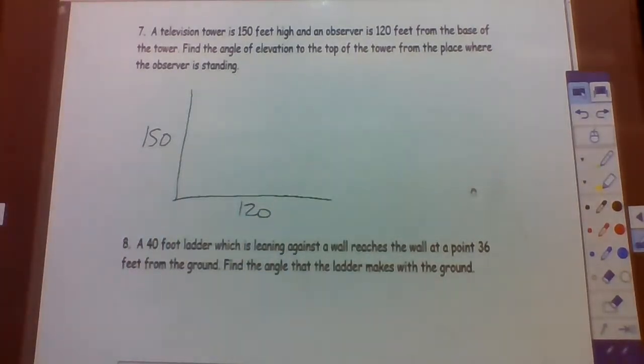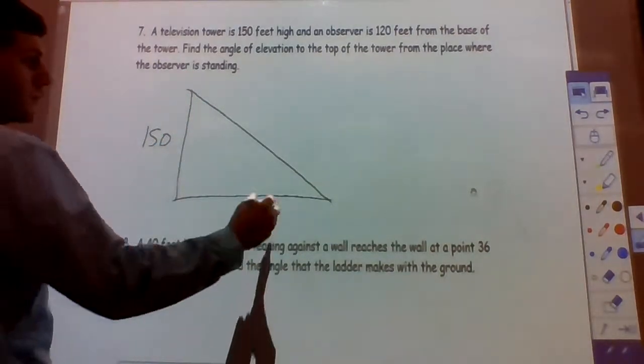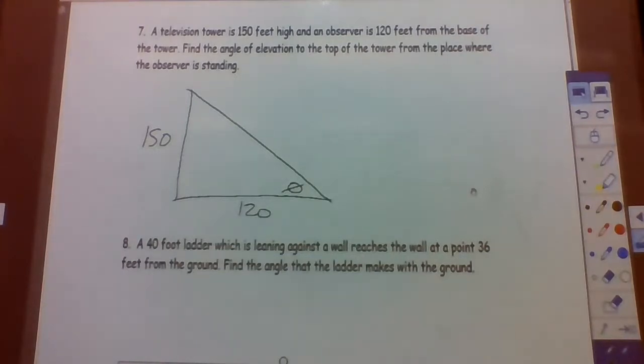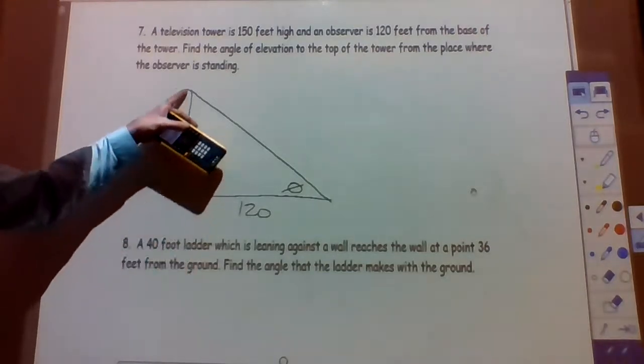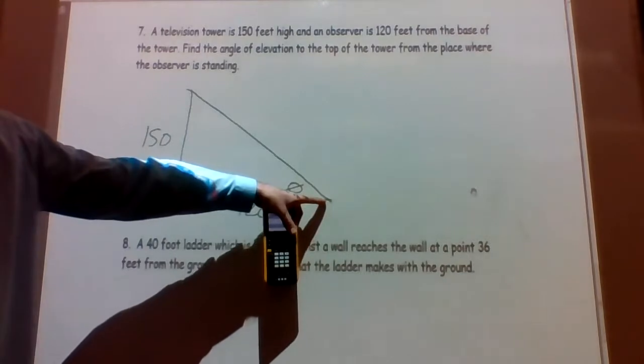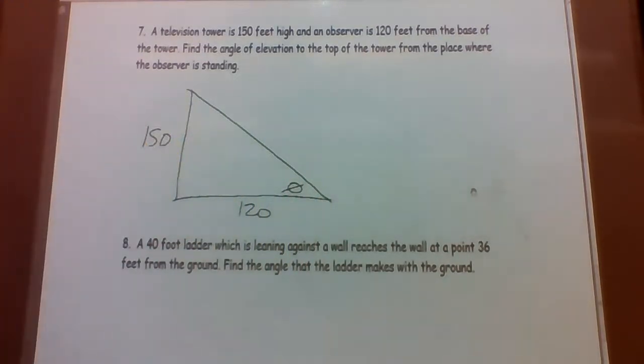Find the angle of elevation to the top of the tower where the observer is standing. Okay. So here's the tower. It's 150 feet tall. The observer is standing 120 feet away. So the angle of elevation from where he's standing is theta.